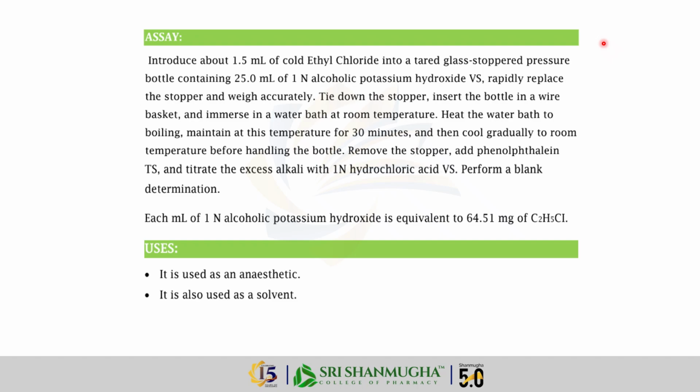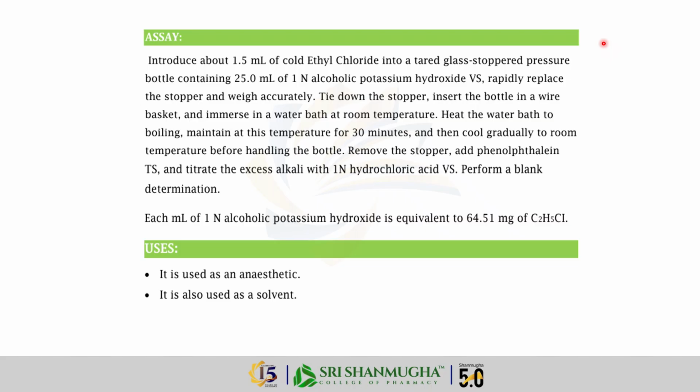So once again I repeat. In this assay, it begins by introducing about 1.5 ml of cold ethyl chloride into a tared glass-stoppered pressure bottle containing 25 ml of 1N alcoholic potassium hydroxide solution. Immediately replace the stopper, ensure it is tightly secured, and weigh the bottle accurately. Tie down the stopper firmly, place the bottle in a wire basket, and immerse it in a water bath at room temperature.